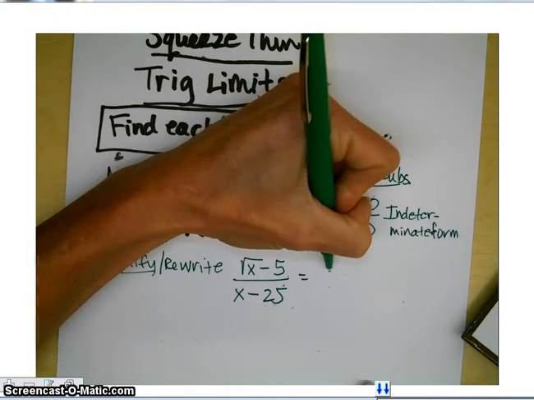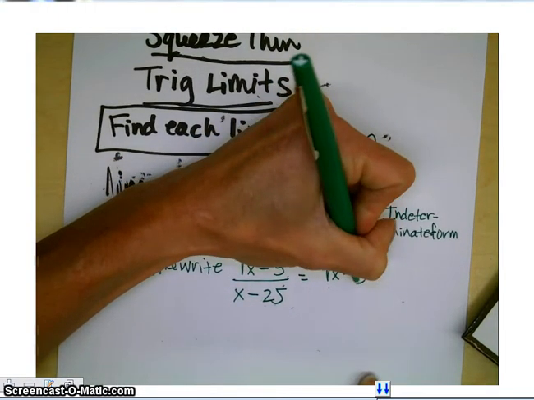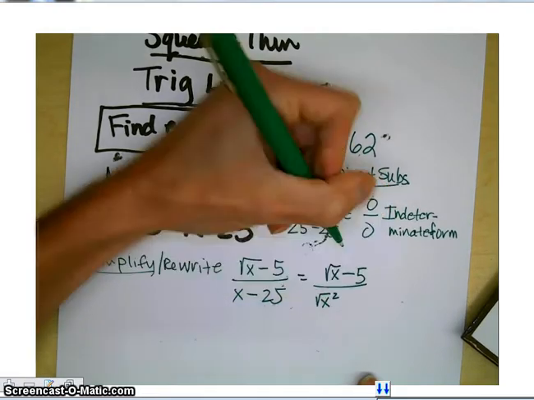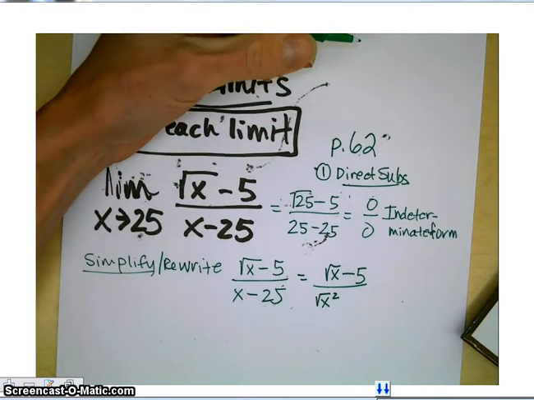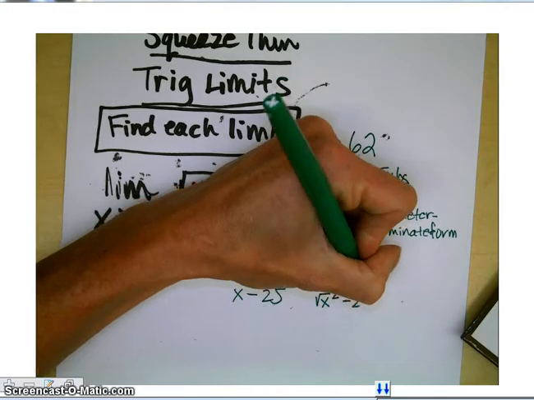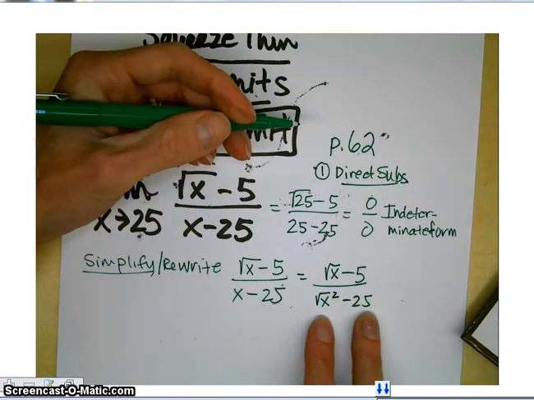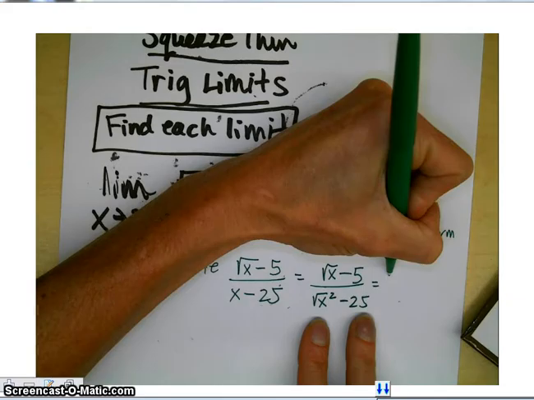So here's how I'm going to think of the bottom. Isn't x the same as the square root of x squared? And if I think of it that way, doesn't this become a difference of squares? And so then I could factor it. I'm just going to leave the top.